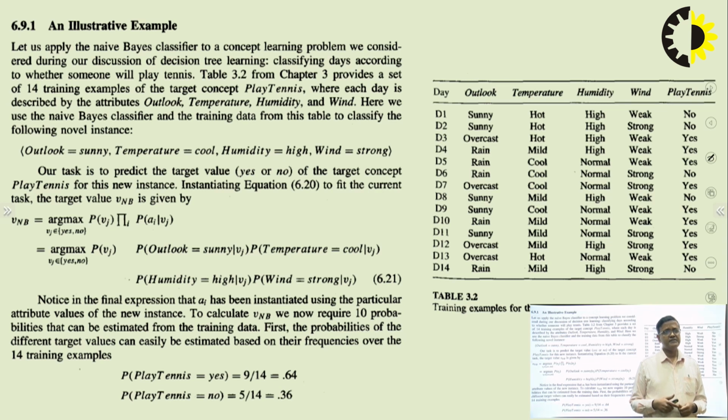So if we use our naive Bayes classifier equation, this is argmax over vj.